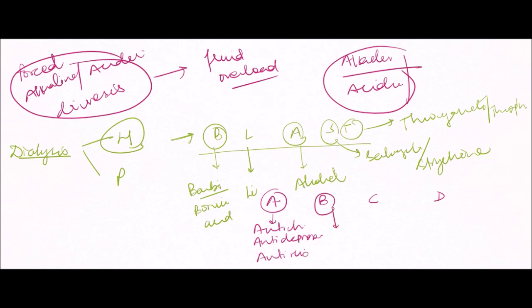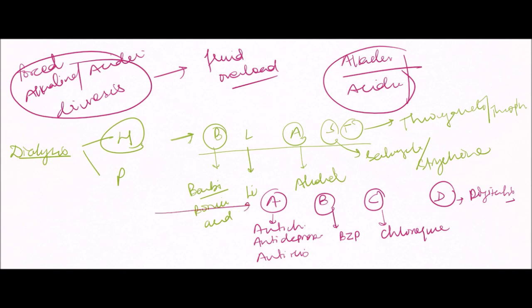B stands for benzodiazepines, C for chloroquine, and D for digitalis. This list is long, but I have taken a few examples.